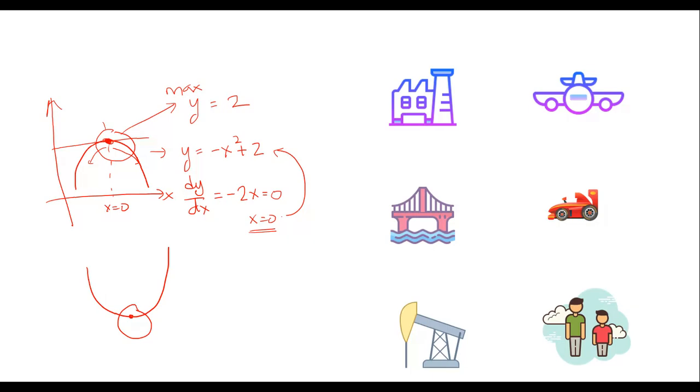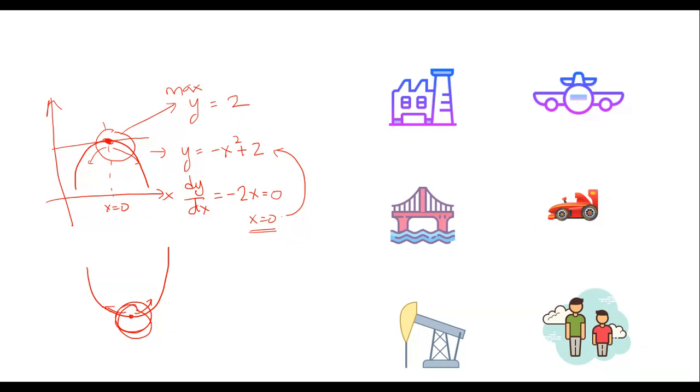The same thing happens with a minimum point: the lowest value is at the minimum point, and the rest of the neighboring values must be at least greater than the value in my circle.